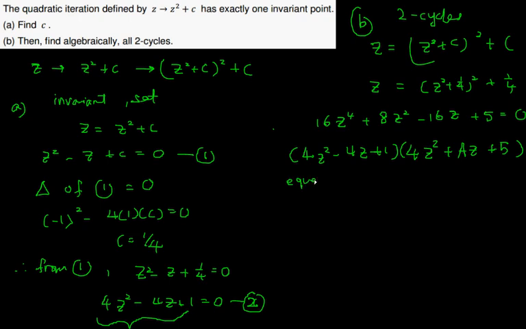And so by comparing or equating, let's say the z term, I think that should be enough. So equating the product of these two factors with this expression here, the z term prior to the factorization is minus 16.